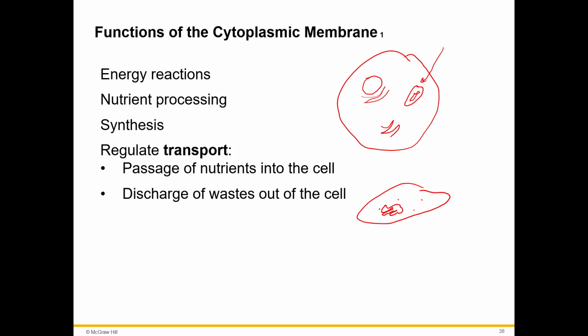Now there's a cytoskeleton and there's some inclusion bodies that can form and so forth, but there's definitely no mitochondria. So all of the reactions that would happen in the mitochondria typically happen across this cell membrane here. So that's one of the most important functions of the cell membrane for prokaryotic cells, because they don't have mitochondria, they're going to have all of those reactions happen on their cell membrane.